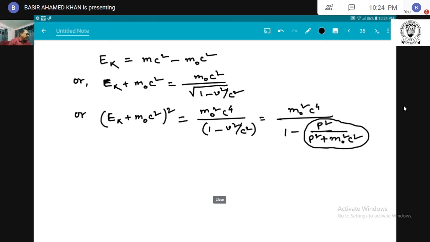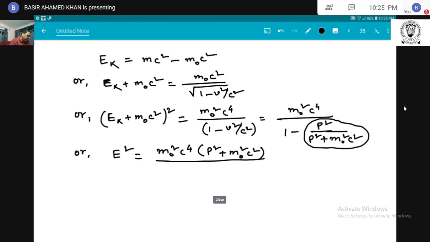Then E square equals m0 square c to the power 4 into p square plus m0 square c square divided by m0 square c square, right?